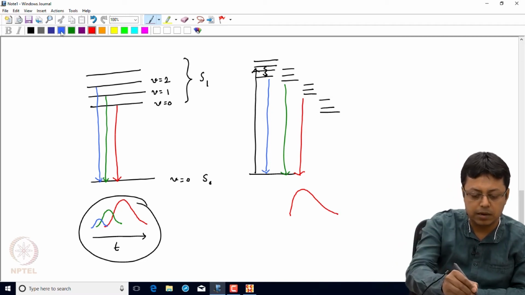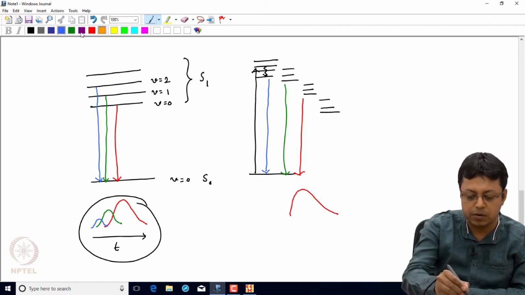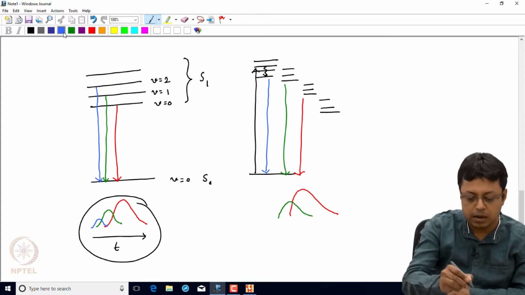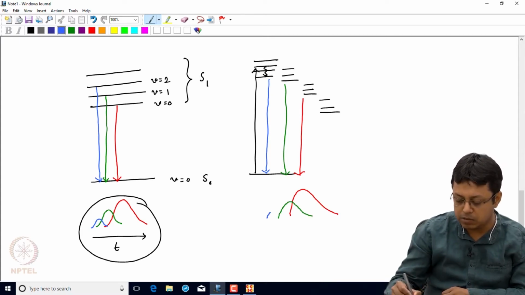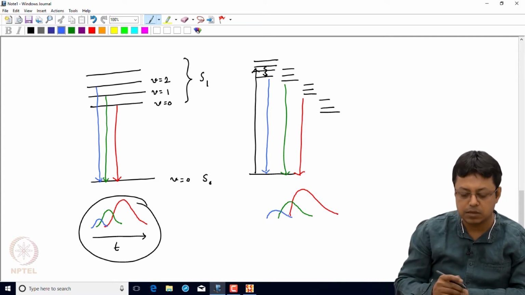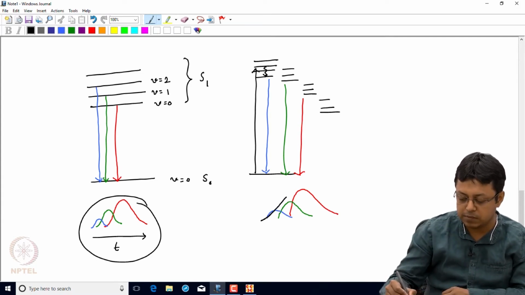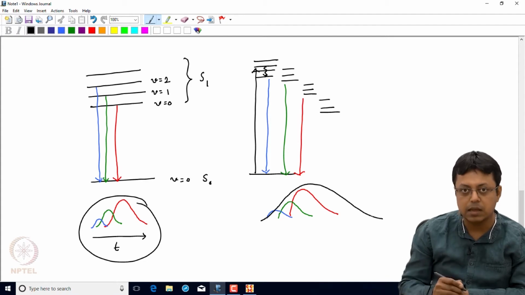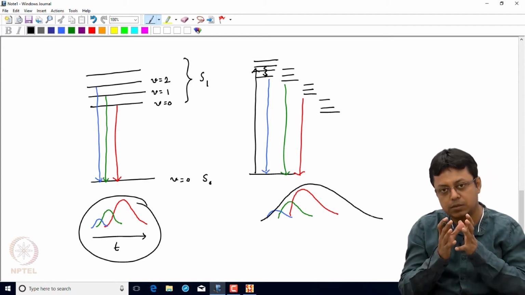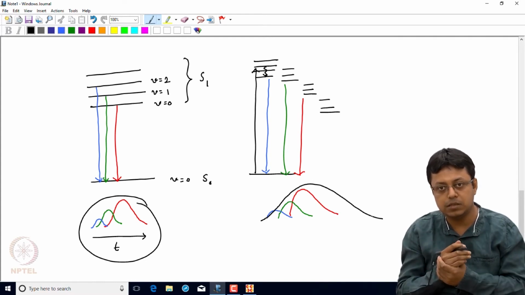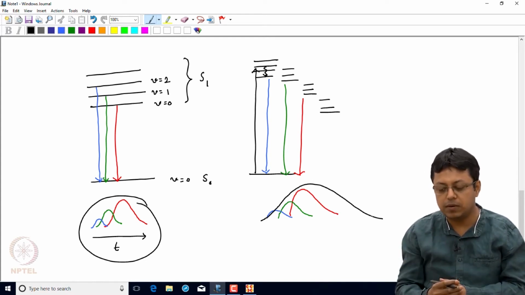At an intermediate time scale, we will also see fluorescence coming from the V equal to 0 state, but at a much earlier time. And at a very early time we will also see the blue edge of the fluorescence. So thus, if we take a steady state fluorescence spectrum, it will be something like this, and we see that the small part of the fluorescence, the blue edge, comes at a very early time, and the red edge comes at a much later time.